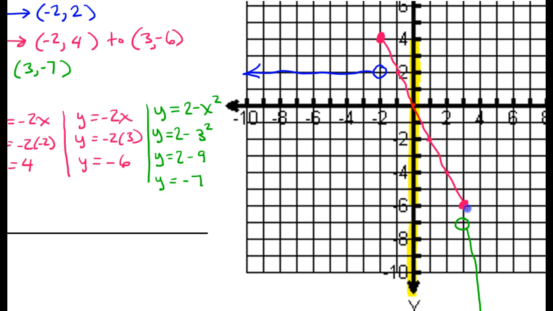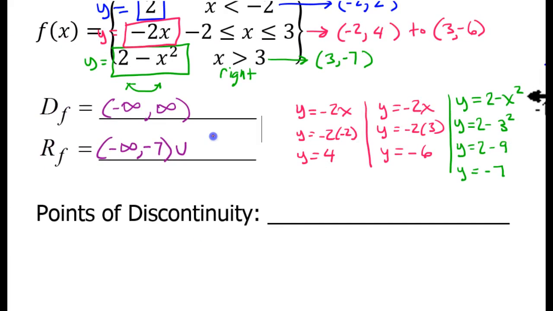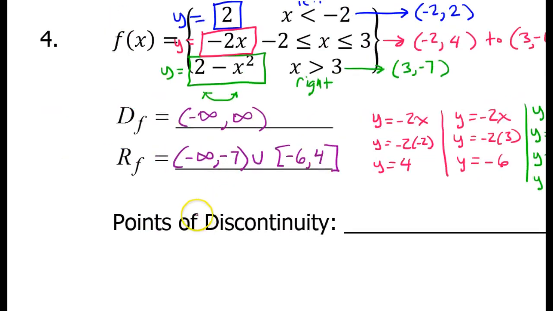Closed circle, so bracket, bracket, negative 6 to 4. Okay, so that's the domain and range.